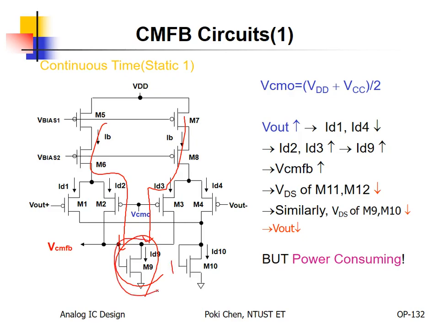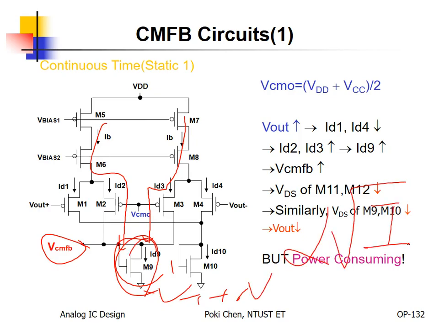So this is diode connected. The higher current means what? The higher voltage, right? Because it is VT plus delta V, and delta V is proportional to the square root of I. If I is fixed, then it is proportional to this, right?